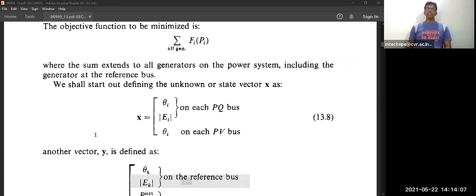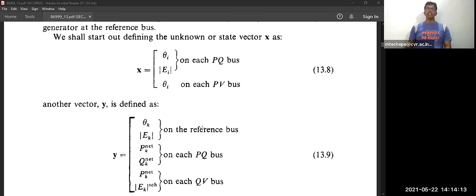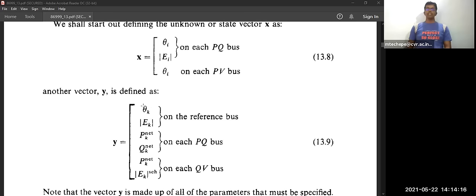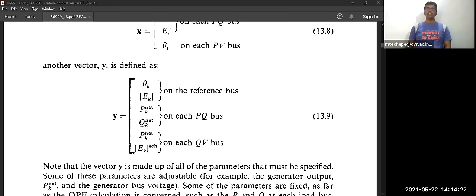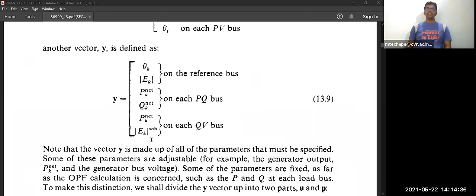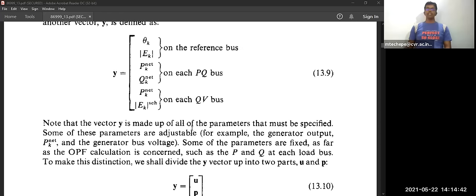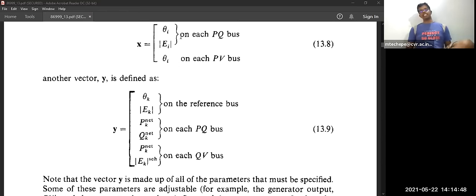That we have taken as the state vector x, and another vector y is defined as follows. These are the reference bus parameters: first theta k and Ek on the reference bus, next Pk net and Qk net on each PQ bus, and again Pk net and Ek sch for each PV bus.